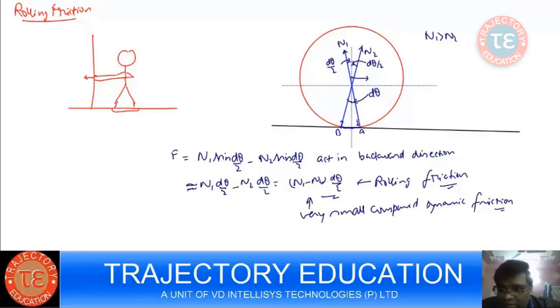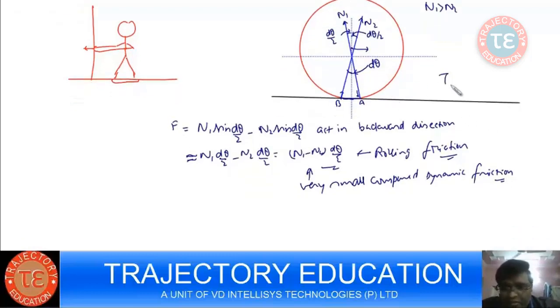Like in case of trains, the wheel is made of steel, iron. In that case, deformation is very, very small. When deformation is very, very small, then rolling friction is very, very small.